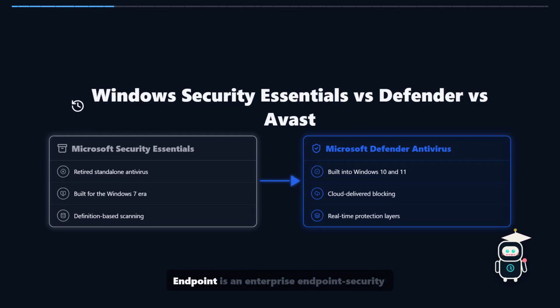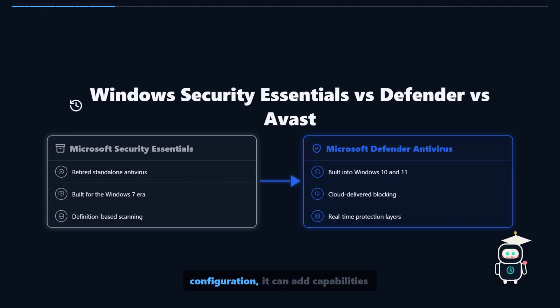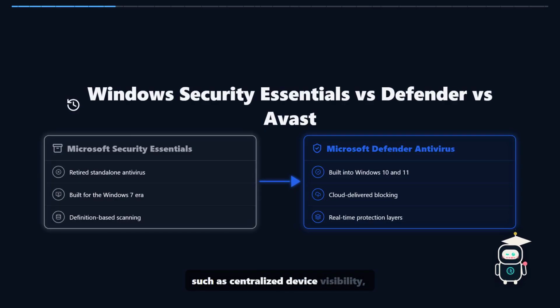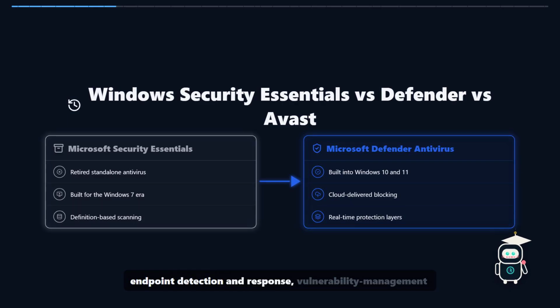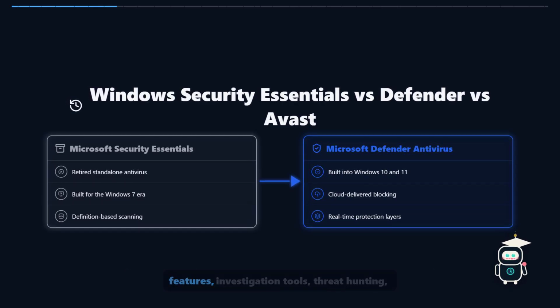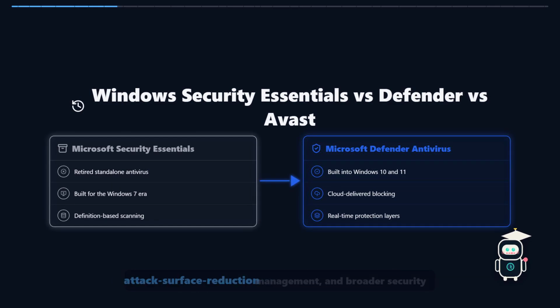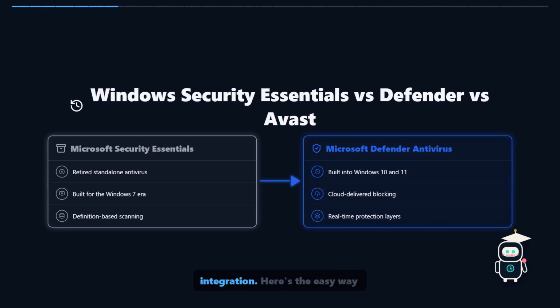Defender for Endpoint is an enterprise endpoint security platform. Depending on licensing and configuration, it can add capabilities such as centralized device visibility, endpoint detection and response, vulnerability management features, investigation tools, threat hunting, attack surface reduction management, and broader security integration.